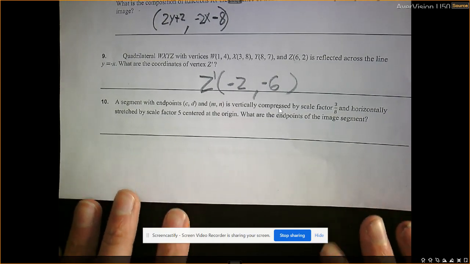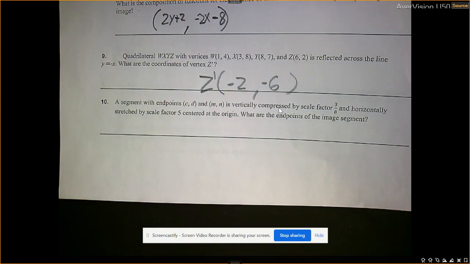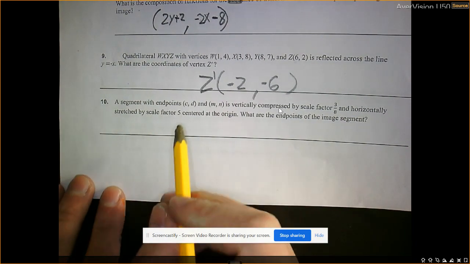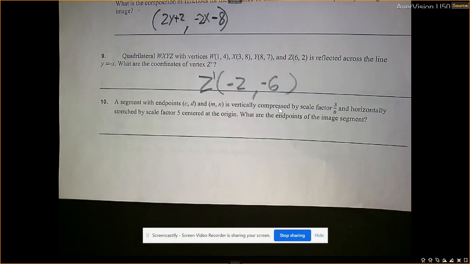Okay, moving on to number 10. A segment with endpoints CD and MN is vertically compressed by a scale factor of 3/8, and then horizontally stretched by a scale factor of 5 centered at the origin.